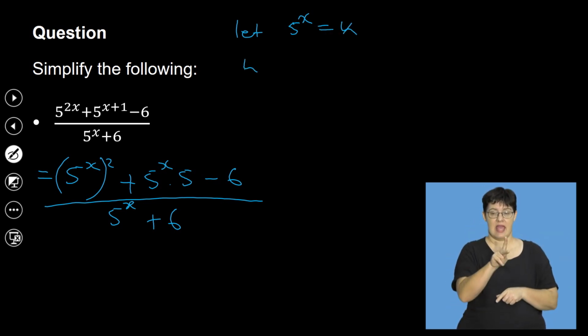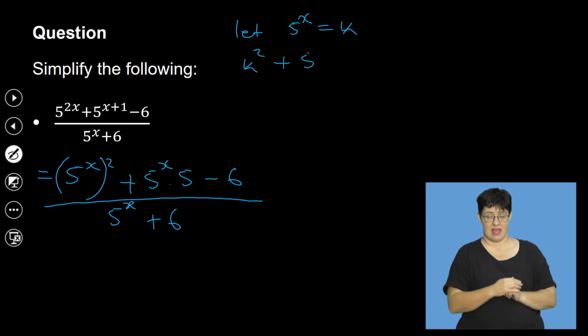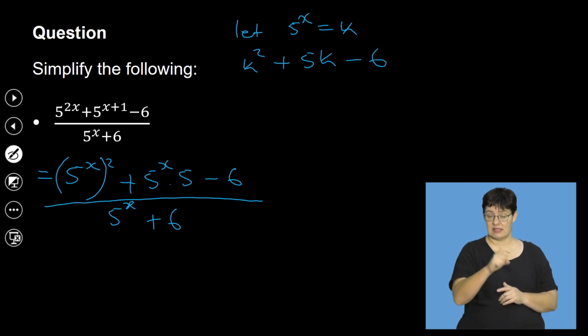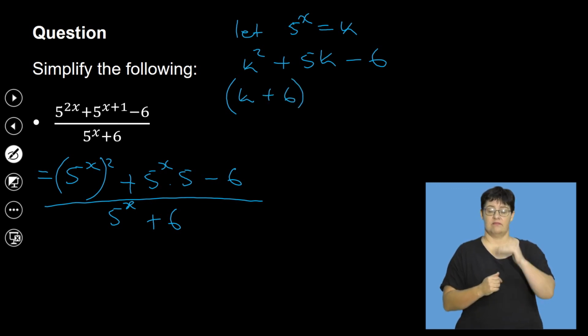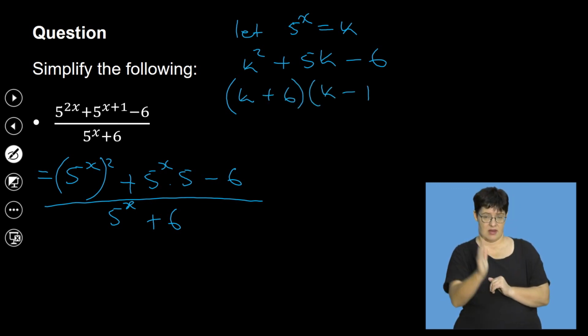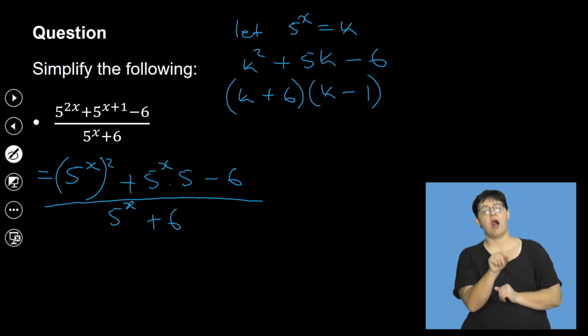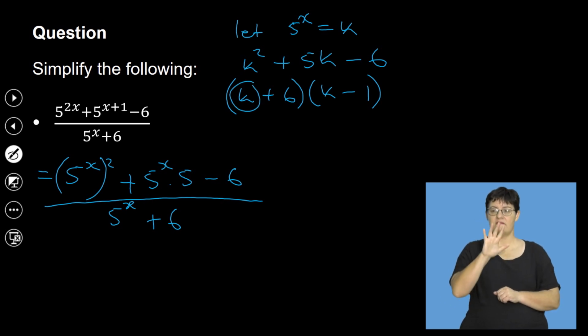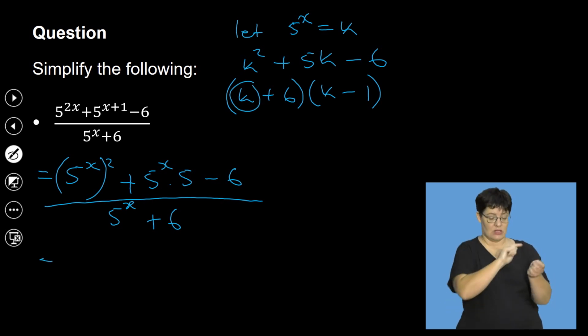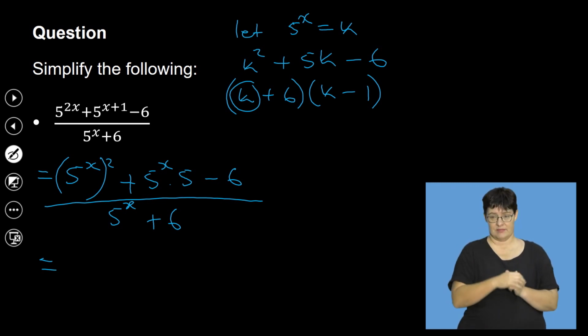So this is the same as k squared plus 5k minus 6, right? If I factorize this, this will give me k plus 6 into k minus 1, you see. So you can already see that this is definitely factorizable. But because our k was the 5 to the x, I'm just going to write it as is. I was just trying to show you how you can then simplify it for yourself.